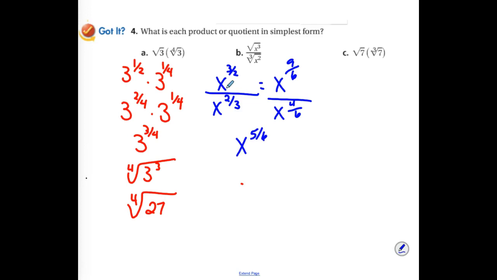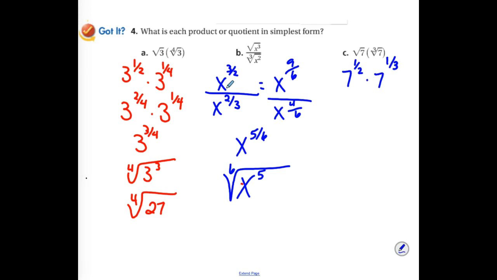We're going to rewrite it in radical form. What kind of root are we taking? A 6th root of x to the 5th power. Okay. Our last one here, the square root of 7 is 7 to the 1/2. We're multiplying to 7 to the 1/3.